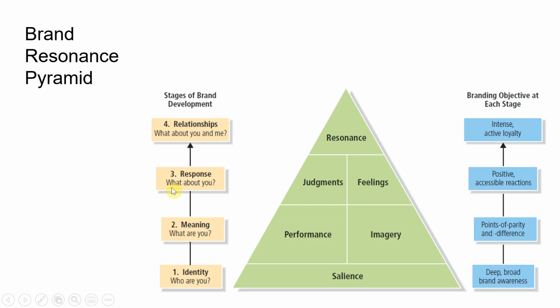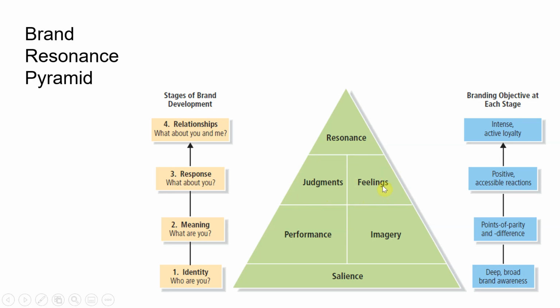In the third step, we have 2 building blocks also, brand judgments and brand feelings. It's related to 2 basic sources of human behavior, right? Judgment from their head, feelings from their heart, cognitive and emotional.